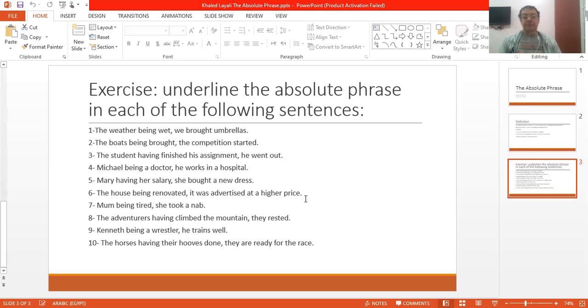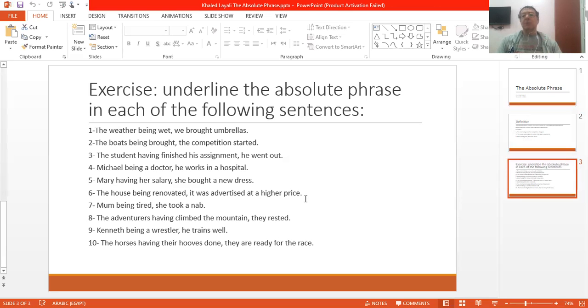Number four, Michael here is a proper name, all right? Being a doctor, that's a participial phrase. So Michael could be like he, all right? We could replace it with he. So nouns or proper names or pronouns, and then followed by a participial modifying it.